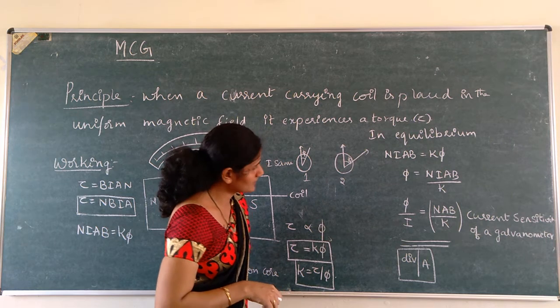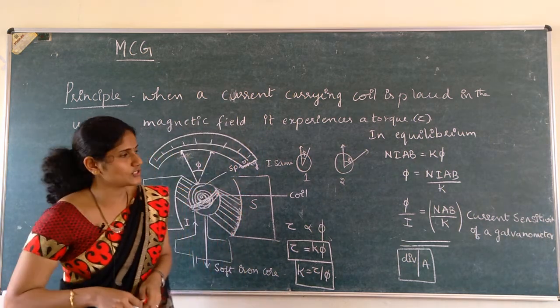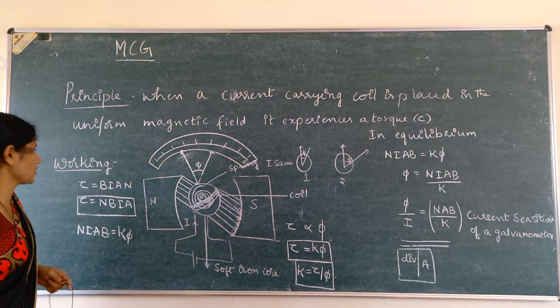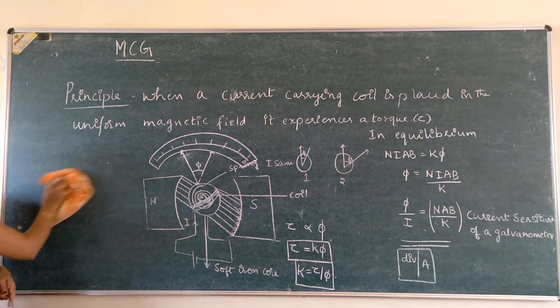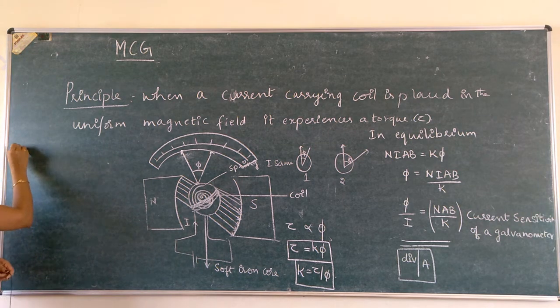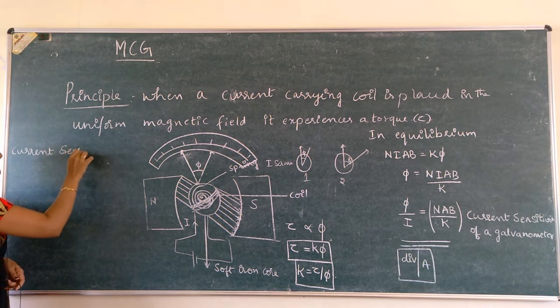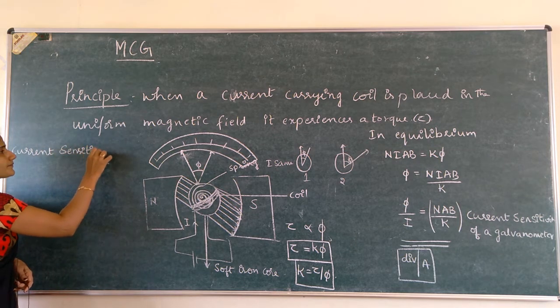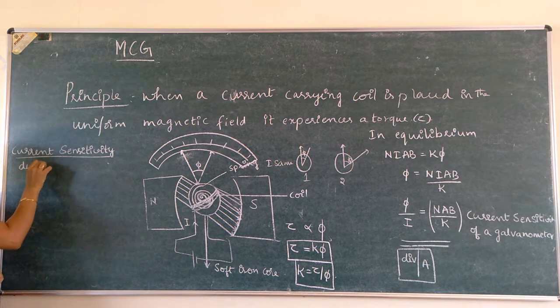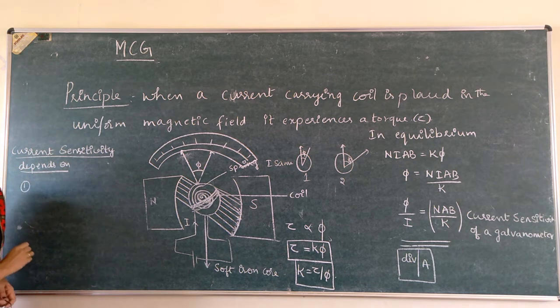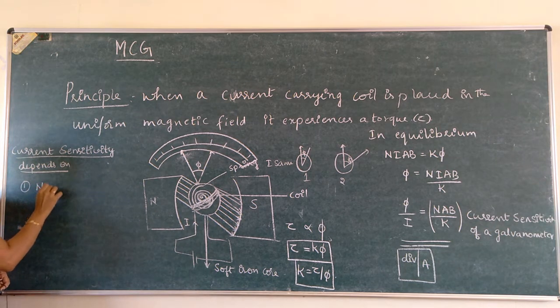So, now we can say: what are the factors on which the current sensitivity of a galvanometer depends? Current sensitivity depends on, first one, number of turns in the coil.